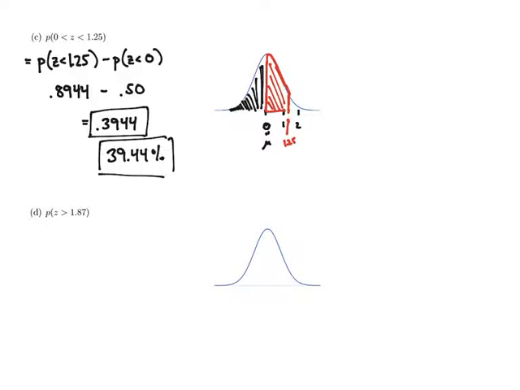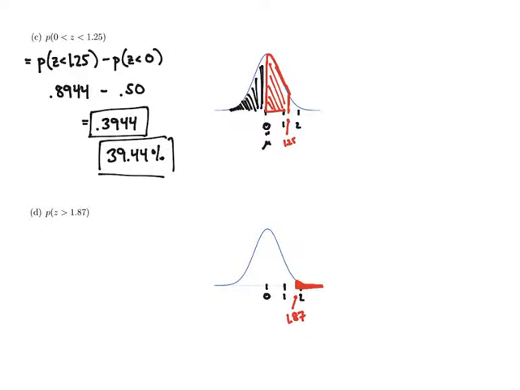All right, next one, z greater than 1.87. So here we have 0, 1, 2. Now we're looking at a different value, 1.87. We're trying to find the probability that it is greater than that value. So the problem is that we don't want just the value corresponding to 1.87.